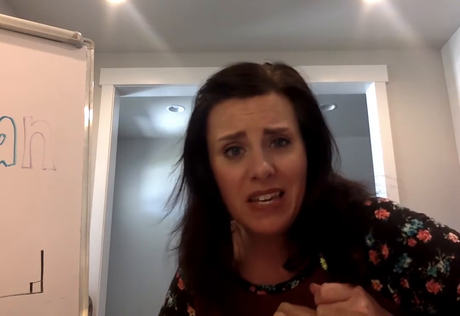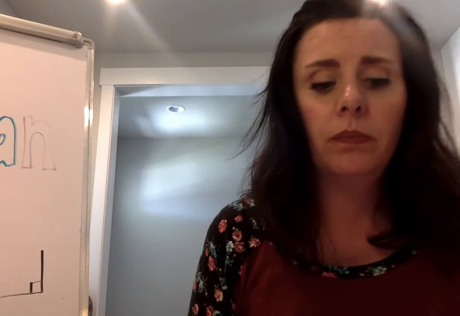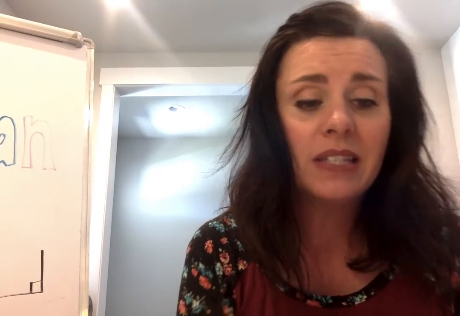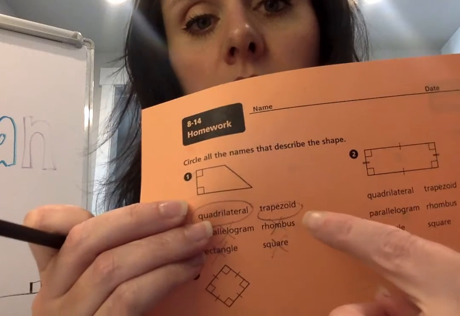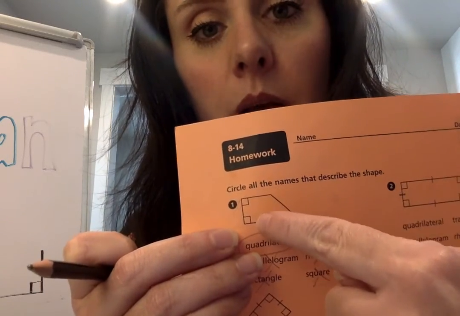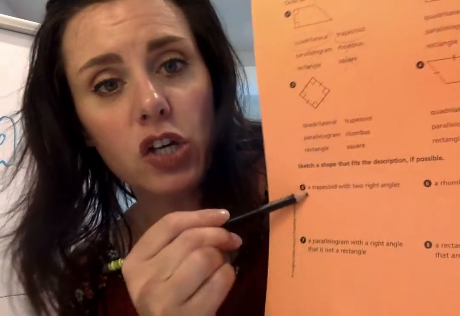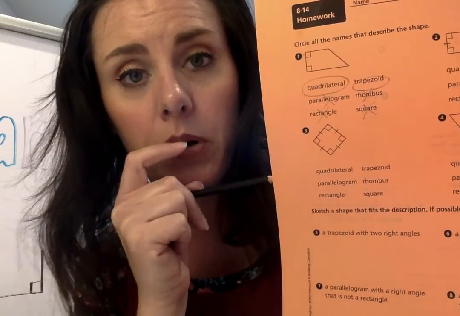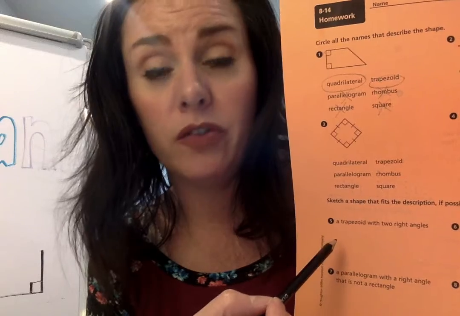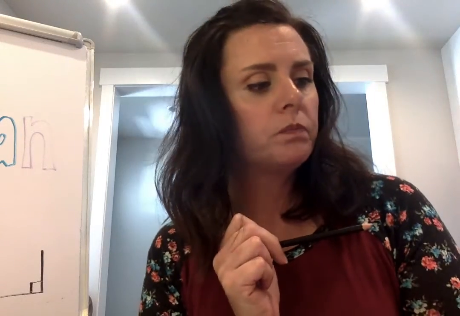Well, we've already seen that on our homework today. In fact, it was number 1, and I can see we circled that this is a trapezoid, and it also shows two right angles, one right there and one right there. So if we're on number 5, we could actually draw this same shape. Maybe you could flip it and draw it the opposite way to show it differently, but this is the shape that they're meaning on here.